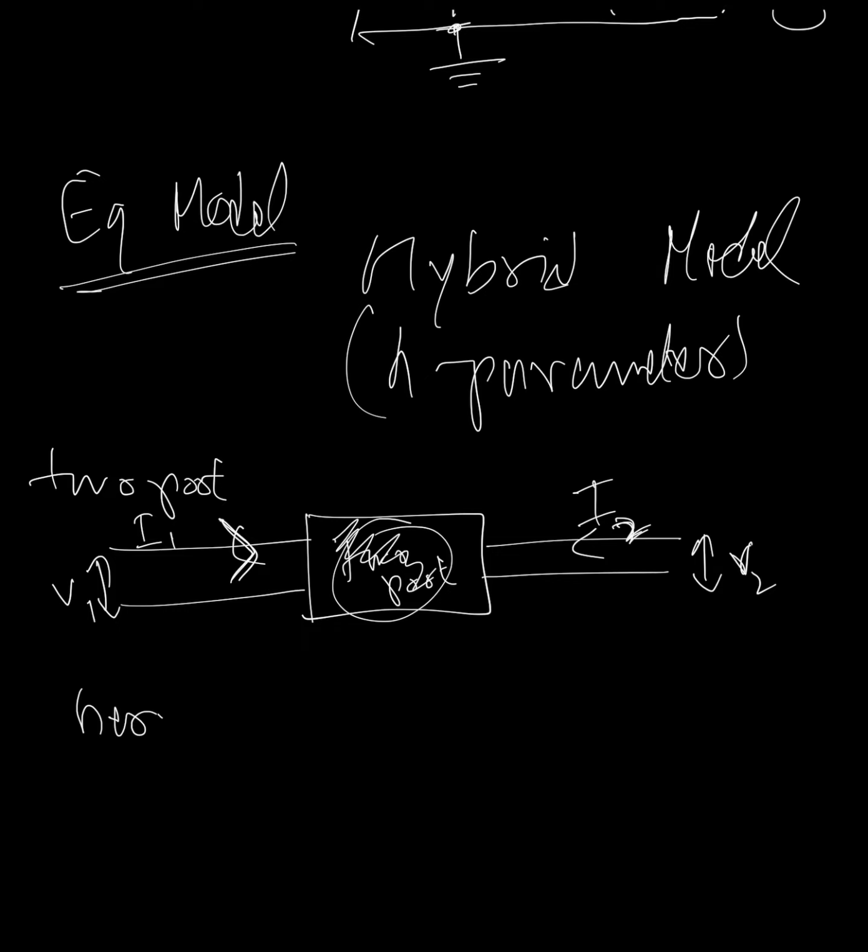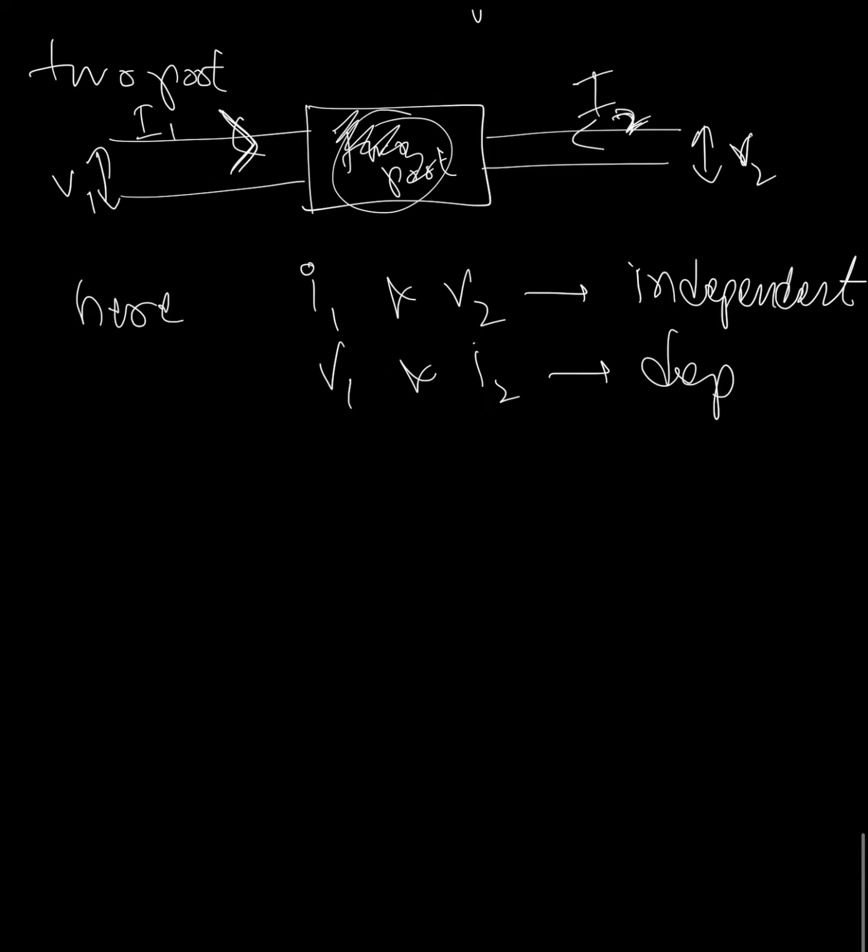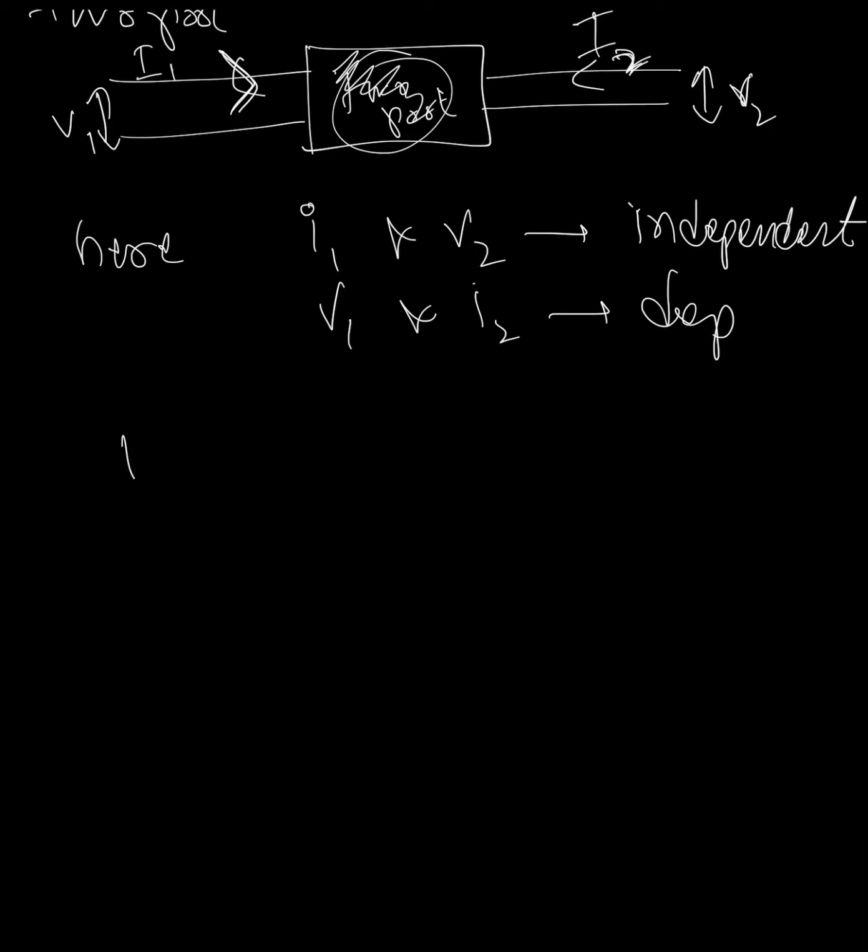Now here I1 and V2 are independent variables, and V1 and I2 are the dependent ones. So V1 and I2 will be functions of I1 and V2.